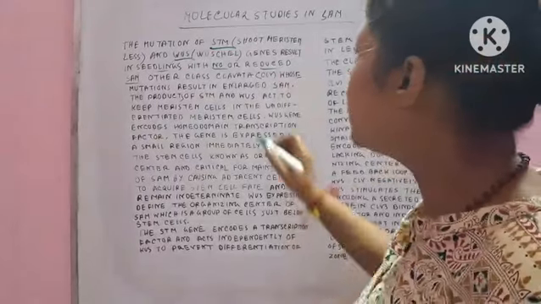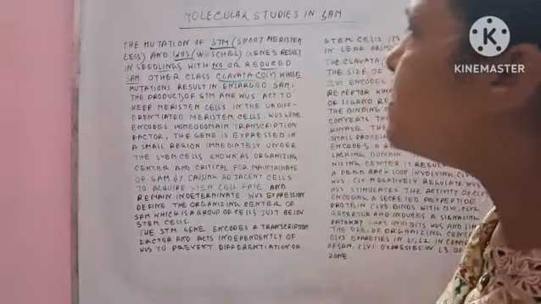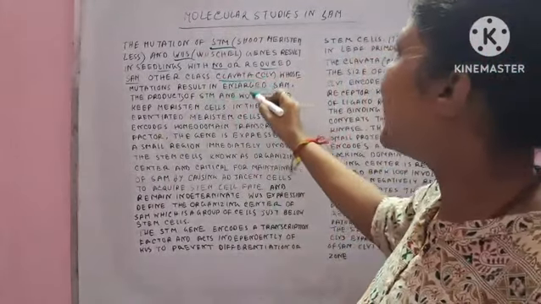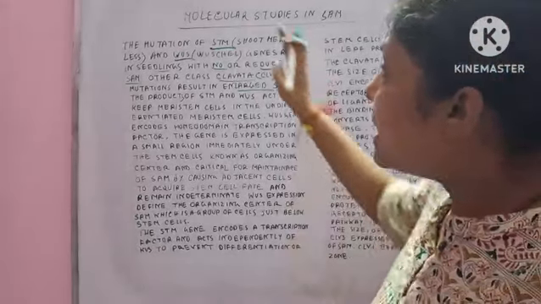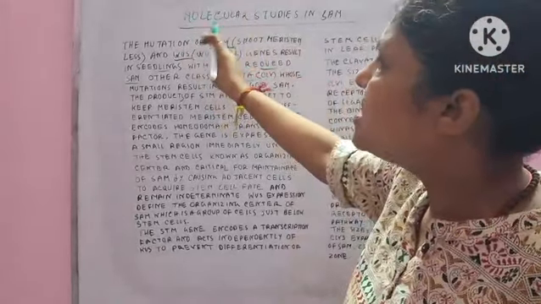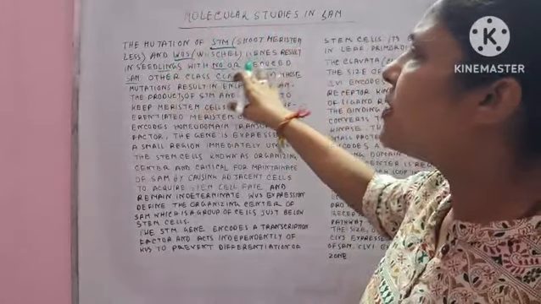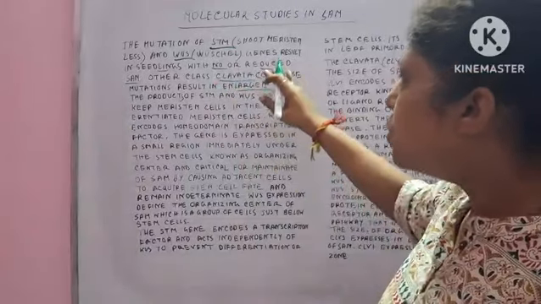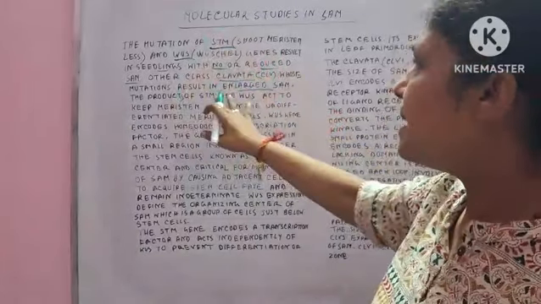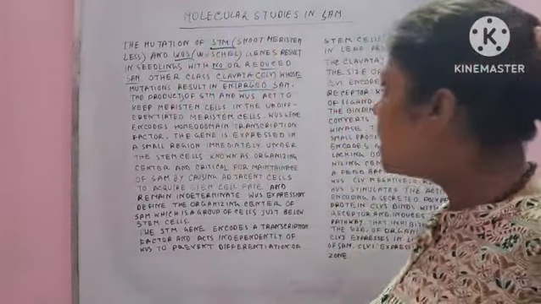Another gene is CLAVATA, or CLV, whose mutation results in an enlarged shoot apical meristem. So mutation of STM and WUS shows no or reduced shoot apical meristem, while CLV mutation shows an enlarged one. Clear?